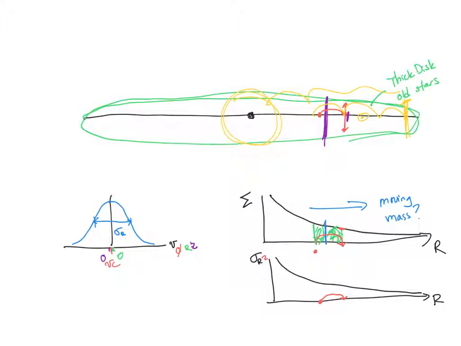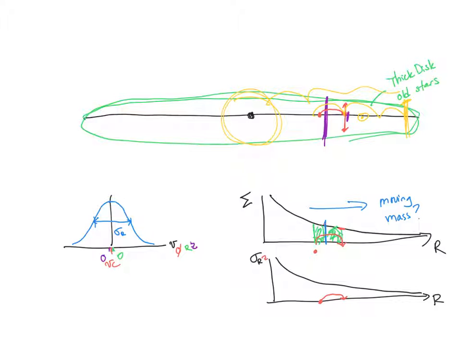So we have this thickening of the disk that could happen. We have the possibility that stars are being mixed up, meaning stars don't stay where they're born, they get moved around across the disk, and might even move mass outward in a way that grows the disk.